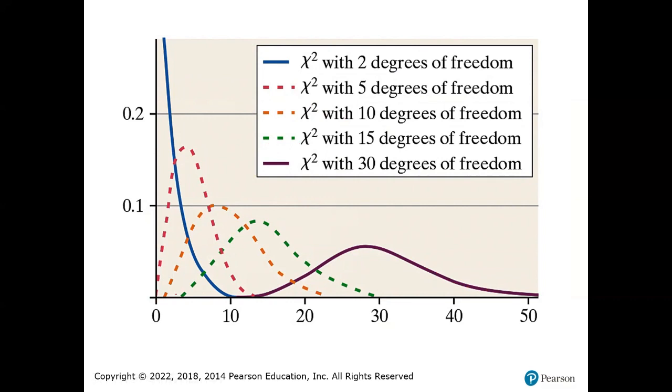The green one here looks pretty close to normal, but you can still see it's a little longer on that right side. So chi-squared, when we have those smaller degrees of freedom, is going to be skewed to the right. Okay, and then this last one here, this purply one with 30 degrees of freedom, you can see that it looks a lot more normal than the other ones here.